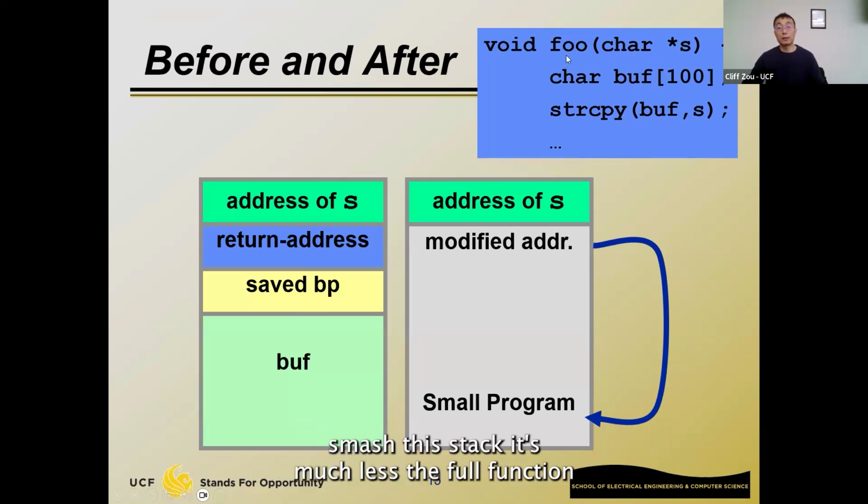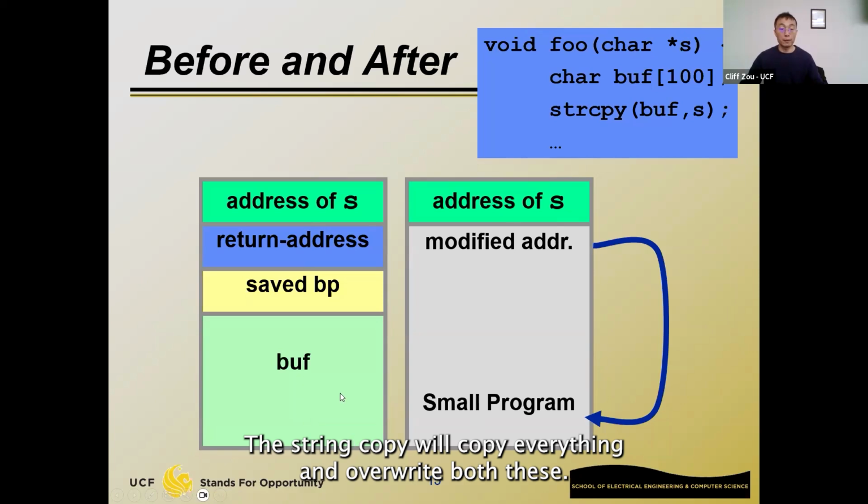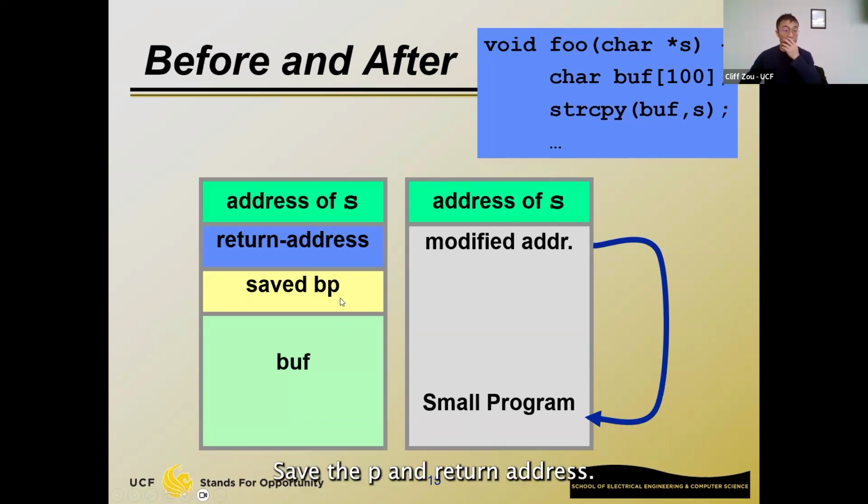If the attacker smashes this stack, the attacker can put in a longer input, because the string copy will copy everything and overwrite both the saved BP and the return address.